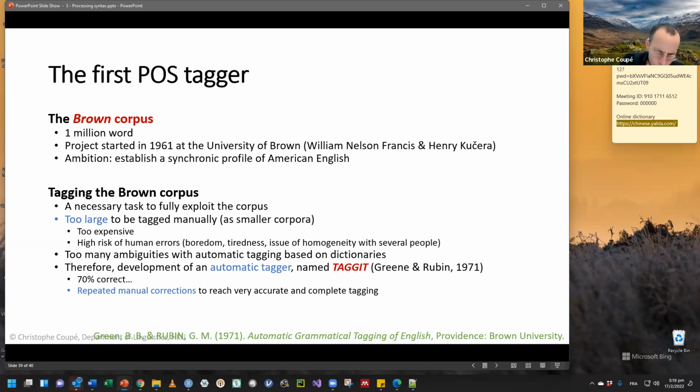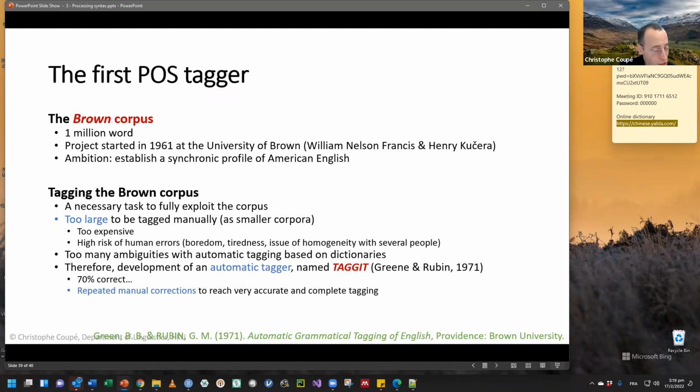So some scholars like Green and Rubin, in 1971, created an automatic tagger and called it TAGGIT. It was correct 70% of the time in the initial trials. So what they did is that they made it work, and then they analyzed the corrections, and rather than tagging everything from scratch, they verified and corrected the automatic analysis. And they did that a number of times until they reached something very accurate and complete. So that was in the 70s.